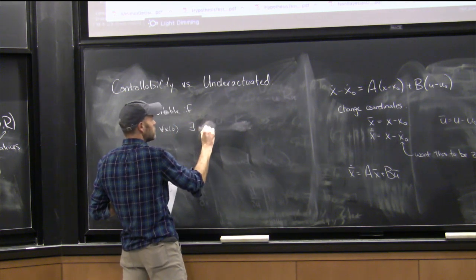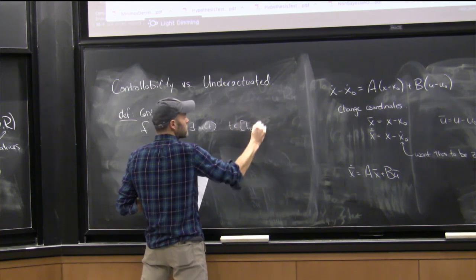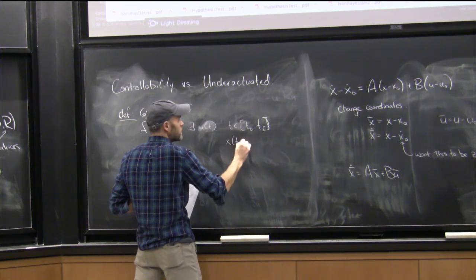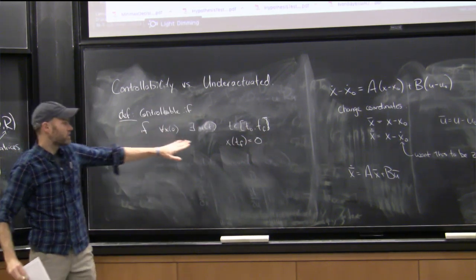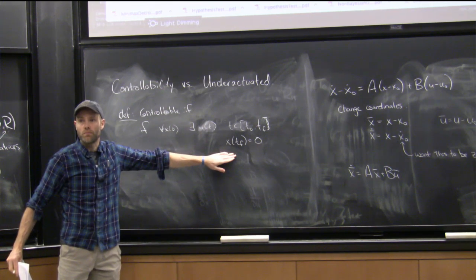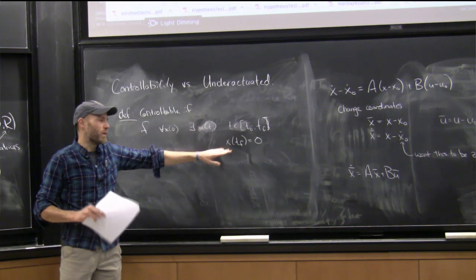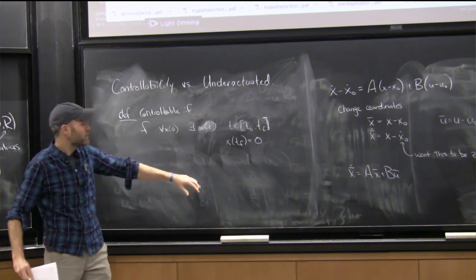There exists a u of t with t in some finite interval for which x of tf equals 0. At least for linear systems, just asking can you always get back to the origin is sufficient to talk about controllability, because you can always map that anywhere. For nonlinear systems, you might want to ask, can you go from any state? Controllability means from any state to any other state. Okay?